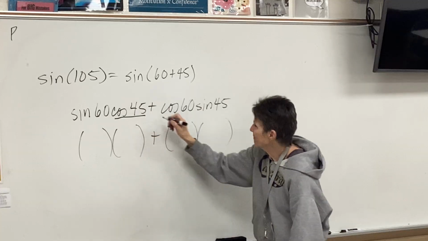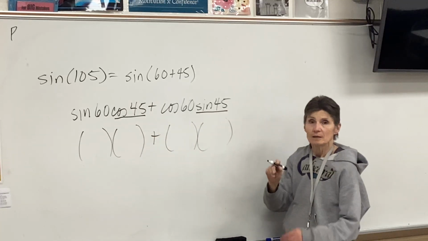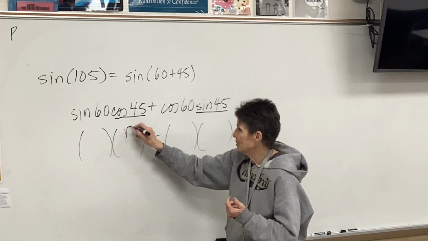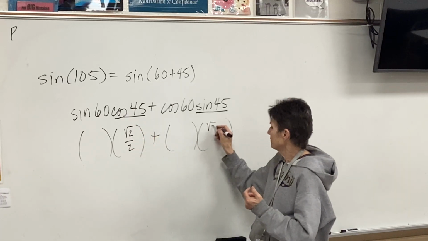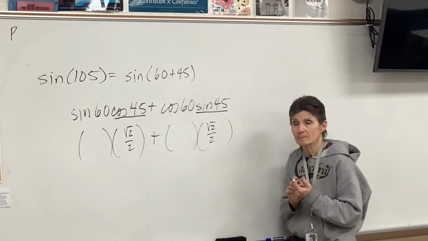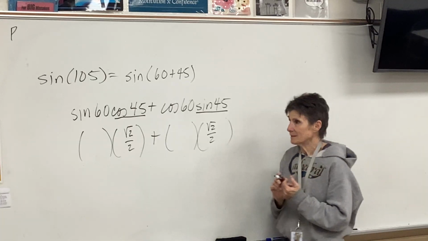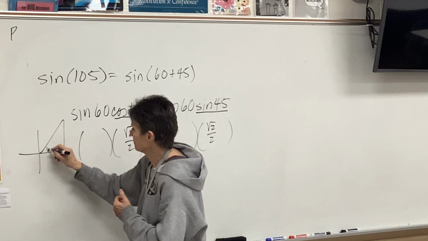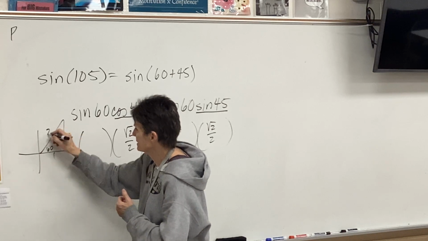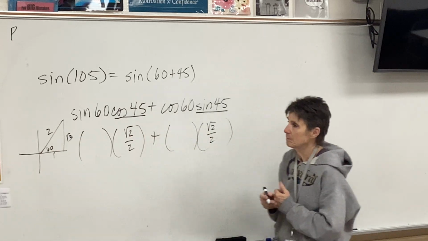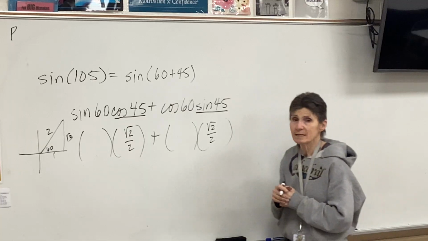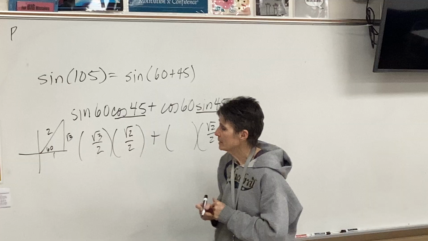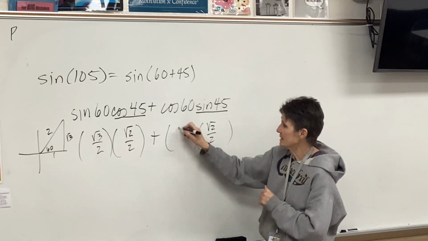And the 45s are the same, and they're always root 2 over 2. Now, what about the 60s? Well, you may have that already on your sheet. You may not. I know the sides of a 60 look like that. So sine 60 is root 3 over 2. And cosine 60 is 1/2.